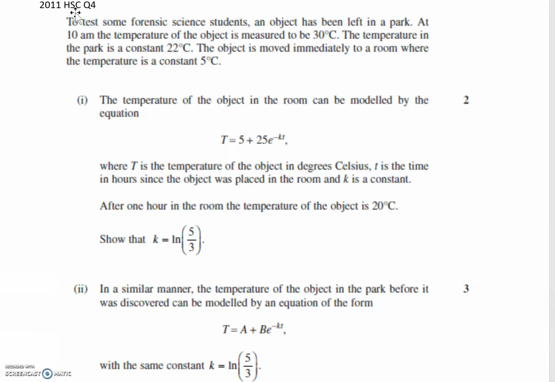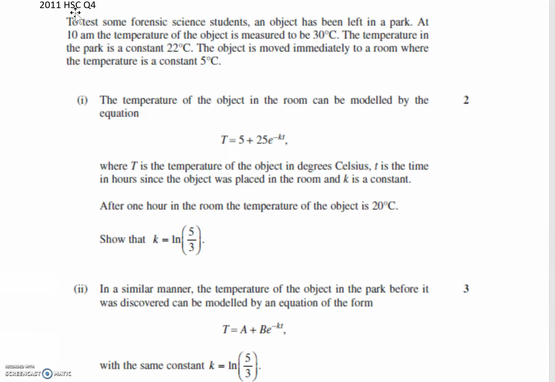By this stage we're thinking, yep, 22 is my constant, my D. T0 is 30 degrees. The object is moved immediately to a room where the temperature is a constant 5 degrees. Oh, okay, so now we've got a different situation, and D is 5 degrees.